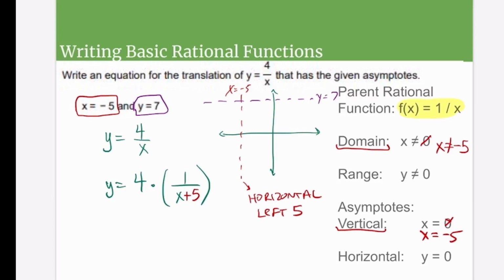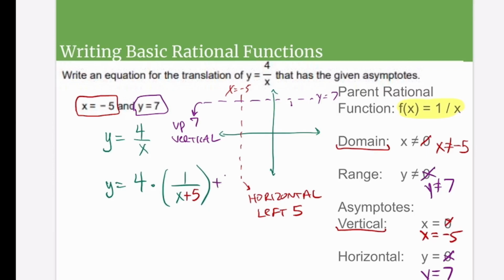The other asymptote is y is 7. So this tells us that this graph has been shifted up 7 units. That's a vertical shift. So your range is also going to shift up 7 units.